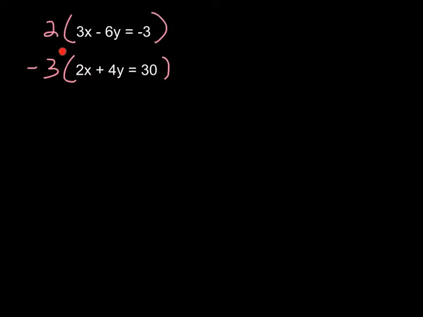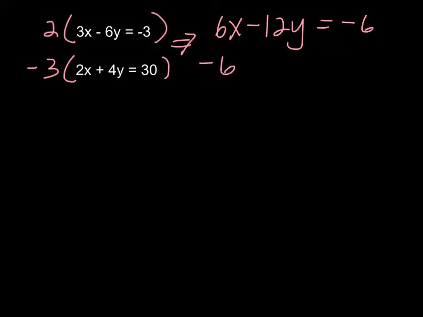I took this value and brought it up, but I did have to change the sign right here to make sure one of the numbers is going to become positive, the other one's negative. So multiply that whole top equation by 2, 6x minus 12y equals negative 6. And then we're going to take that whole bottom equation and multiply it by negative 3.